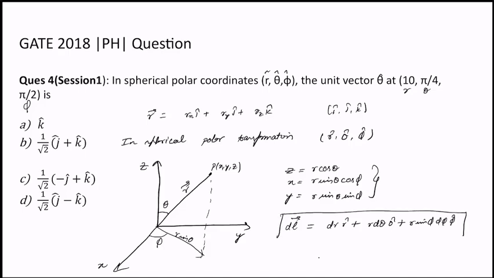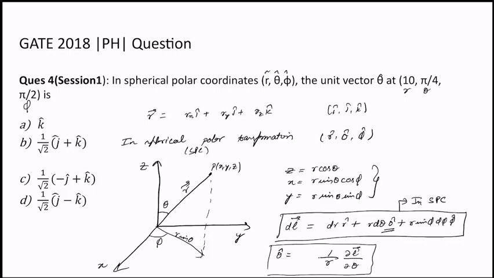So this is the line element in a spherical polar coordinate system. In the question they've asked what is the value of theta cap. So theta cap is nothing but 1 by r times del of L by del theta.